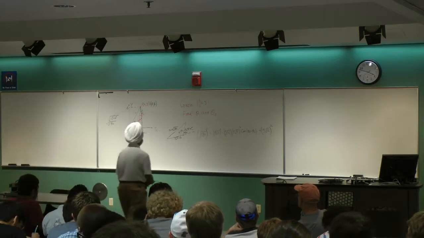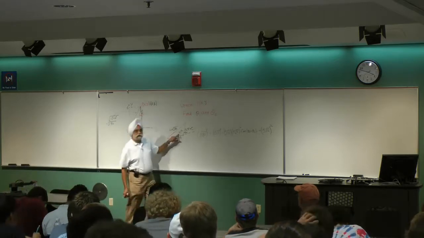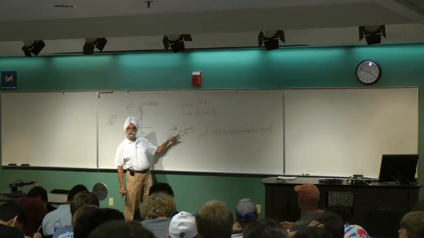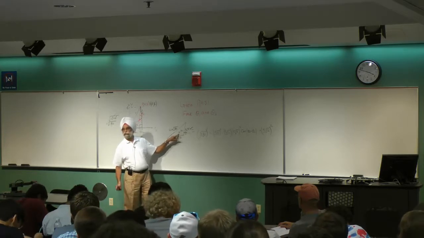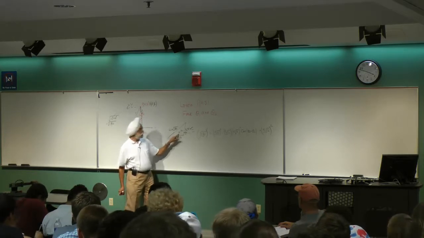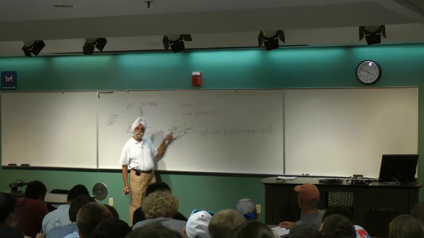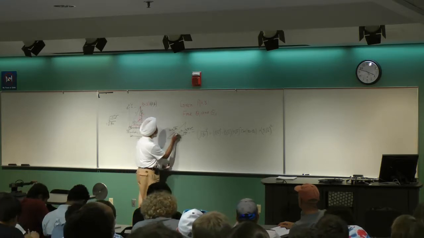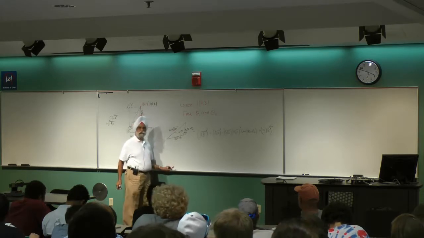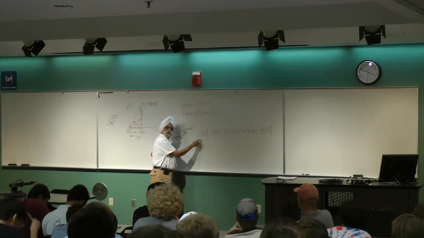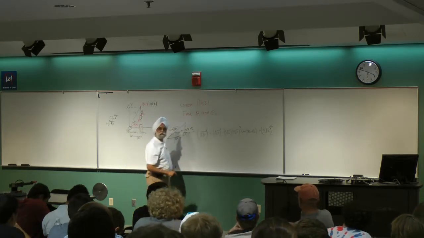Okay, so how does it work? This is the angle I want to find. If I know this angle, I have theta 2, right? So you always go to the side opposite to that, and that's what is squared. Yes?